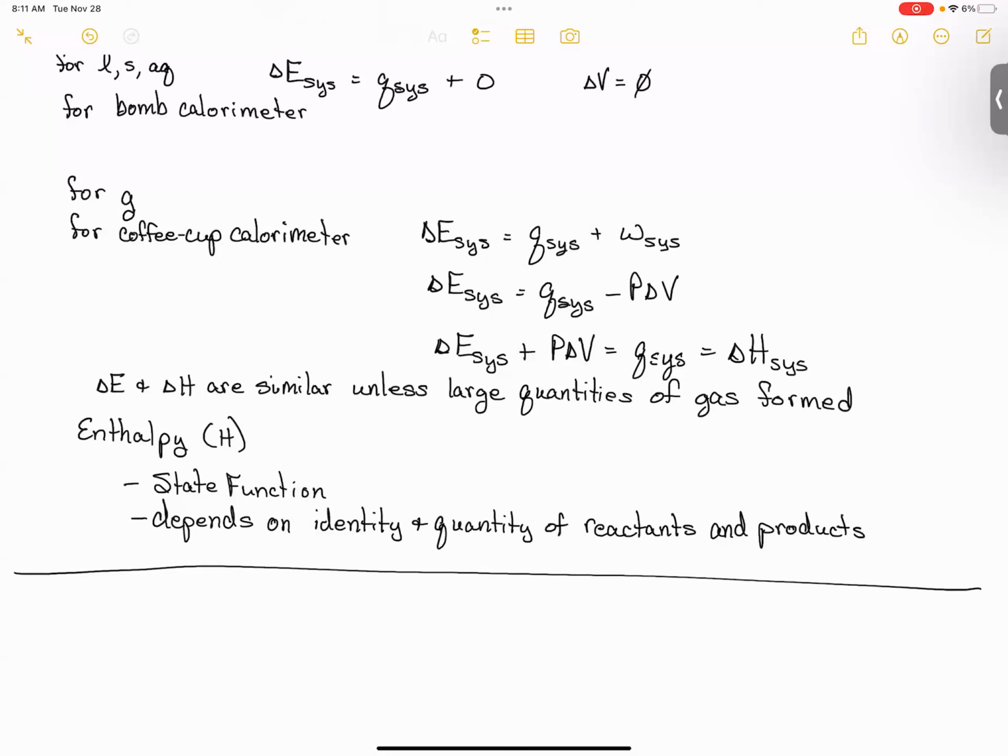The second thing we're going to do is apply the rules that we learned about enthalpy on Tuesday to Hess's law. And the third thing we're going to do is start with enthalpies of formation.